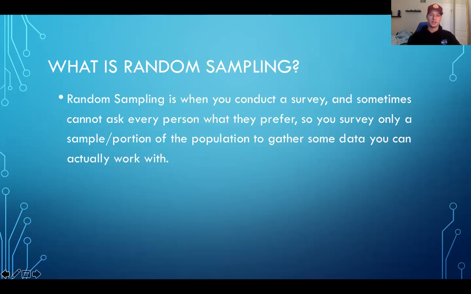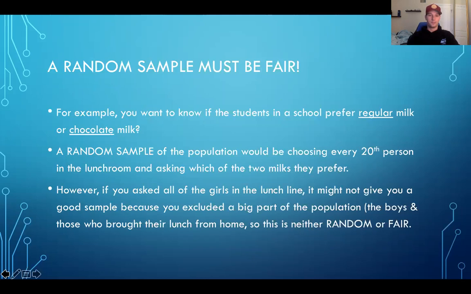Do something simple like that, and then you gather a small amount of data to make an assumption or an inference of a larger population of data, which is very effective in real world scenarios as well.